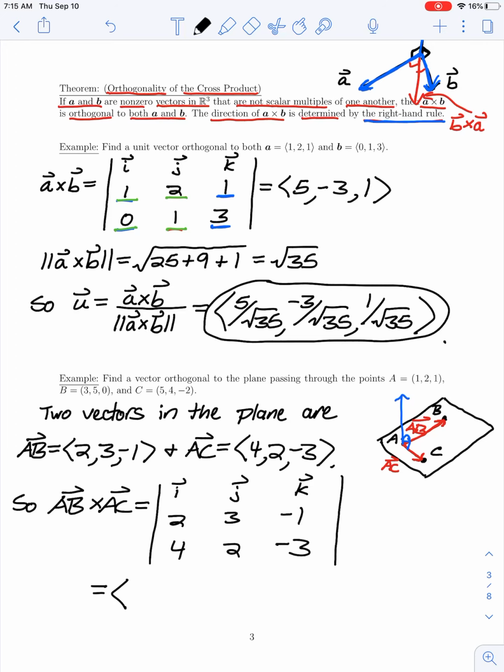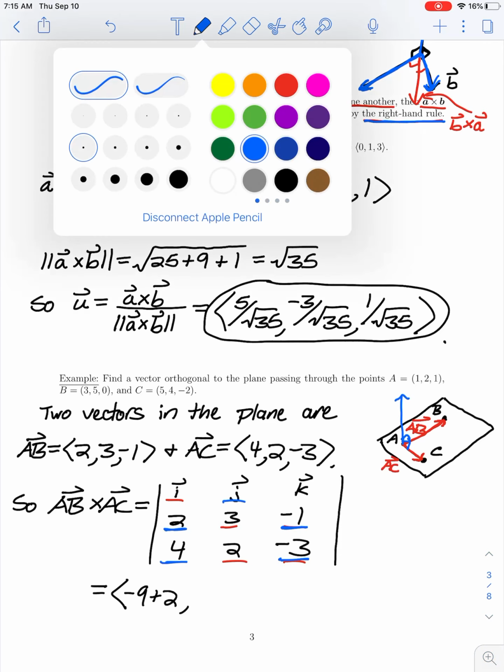So let's evaluate this cross product. We would have for our I component, the product 3 and negative 3, so negative 9, minus the product of negative 1 times 2. So we would have there a negative 9 minus the negative 2, or plus 2. For our J component, we would have the product of negative 1 and 4, minus the product of 2 and negative 3.